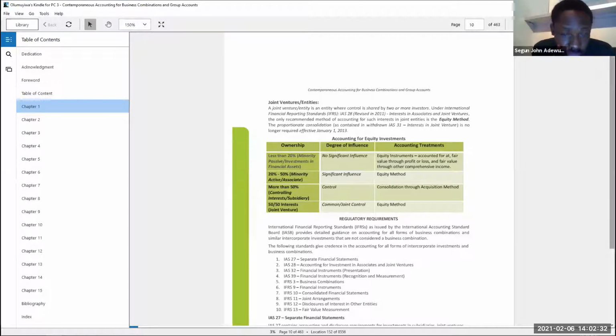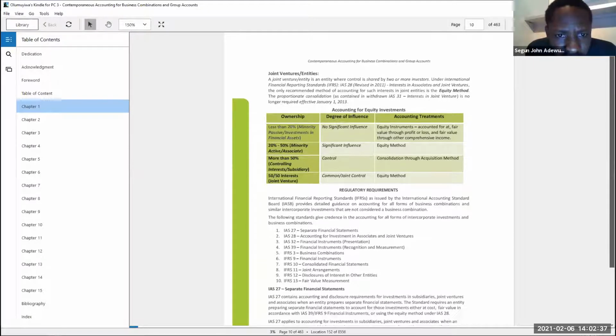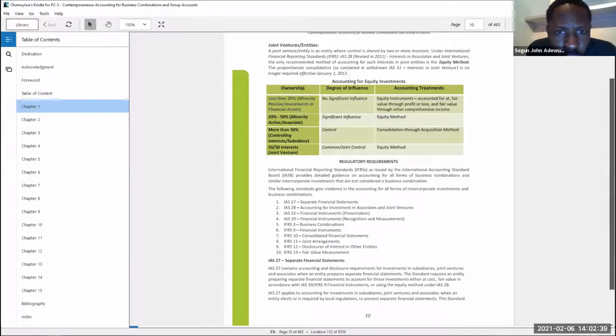Joint ventures or entities: a joint venture or entity is an entity where control is shared by two or more investors. Under International Financial Reporting Standards, IAS 28 revised in 2011, interest in associates and joint ventures, the only recommended method of accounting for such interest in joint entities is the equity method.